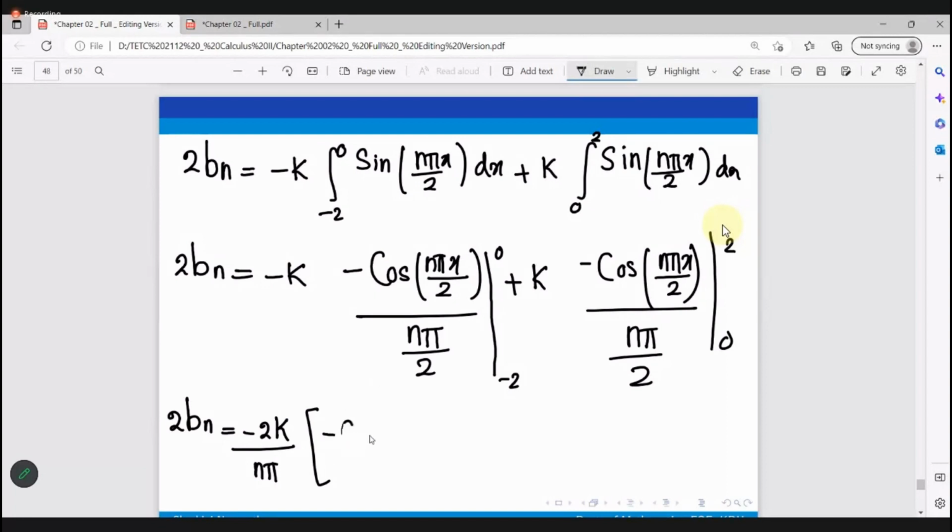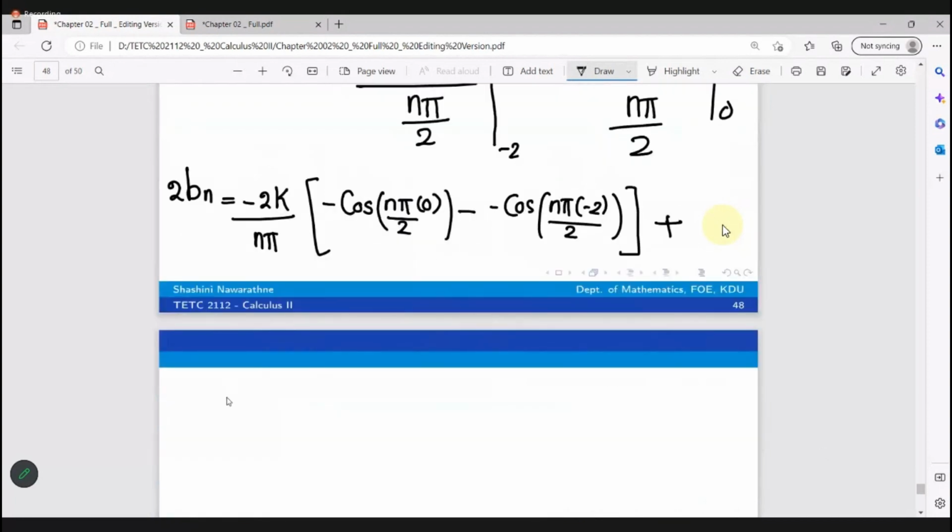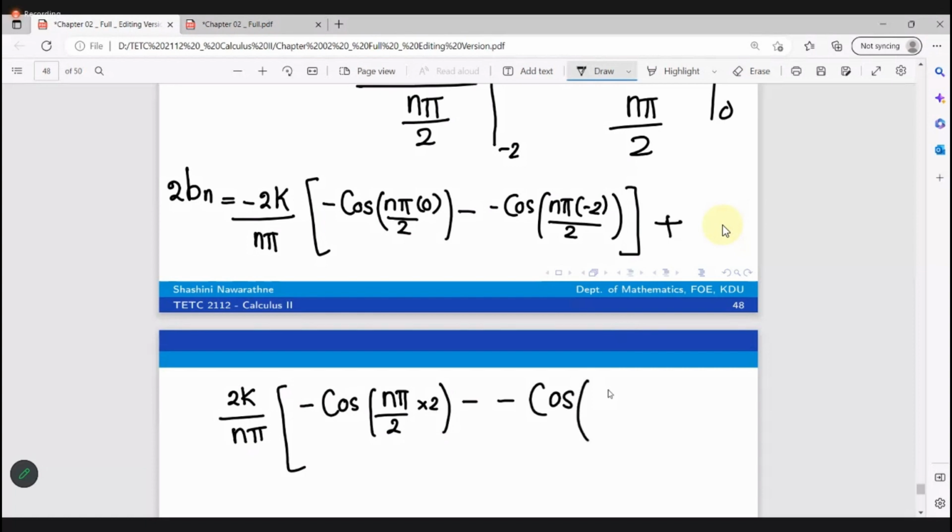So it is minus cosine n phi 0 over 2 minus cosine n phi minus 2 over 2, plus 2k over n phi times minus cosine n phi over 2 times 2 minus cosine n phi 0 over 2.